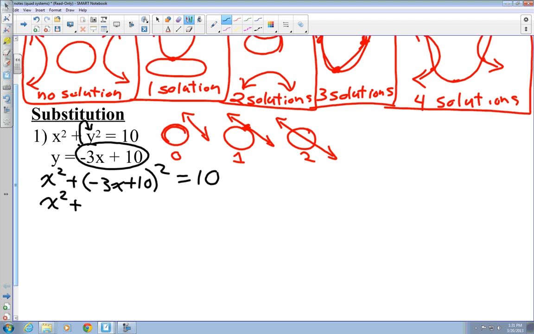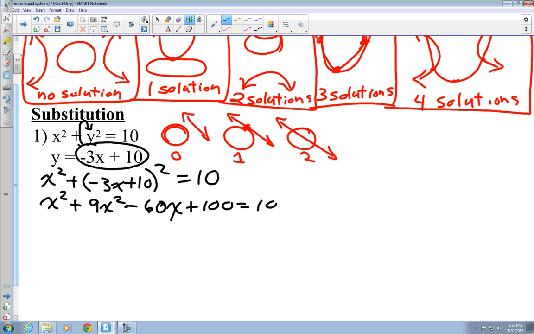The first term squared, so negative 3x all squared is 9x squared, plus the first term times the second term times 2, so negative 3x times 10 is negative 30x, times 2 is negative 60x, so I need a minus 60x. And then the last term squared. So 10 squared is 100, so plus 100.